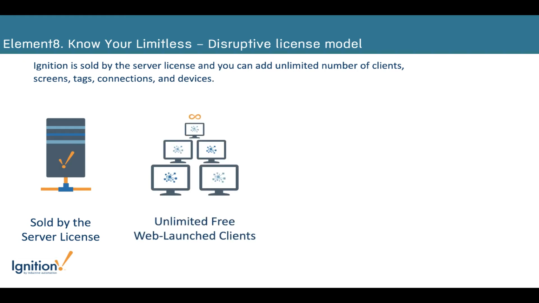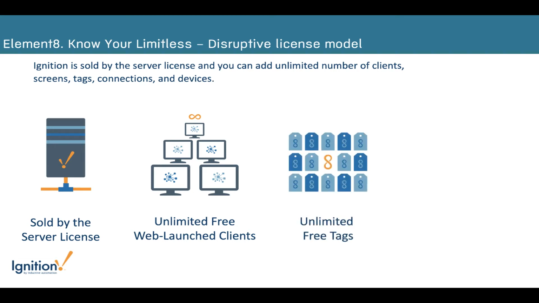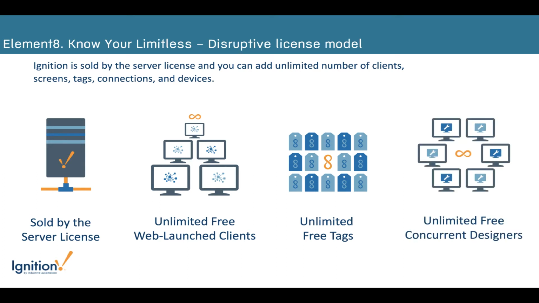You can also have an unlimited amount of tags that you can host on the server, and you can also configure and connect to unlimited free concurrent designers. So you license a server, and pretty much you've got free reign on the capability and the amount of data that you can connect to it, and the amount of screens you can develop on it, and as many concurrent designers can connect to actually work on the same project.